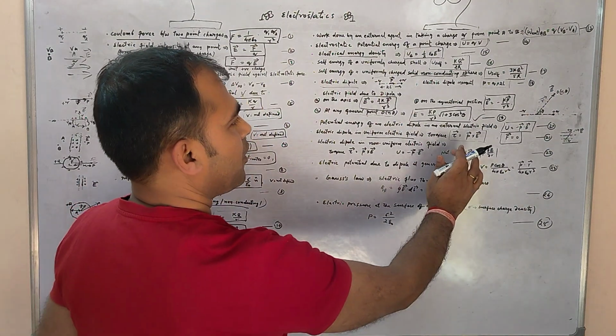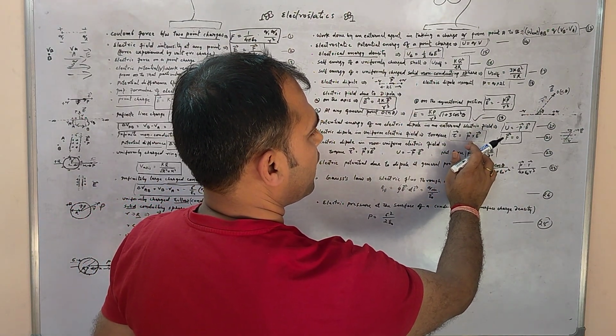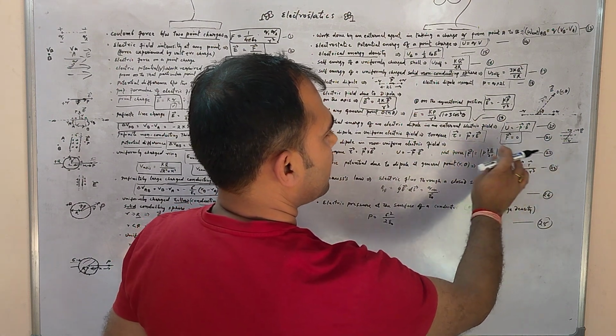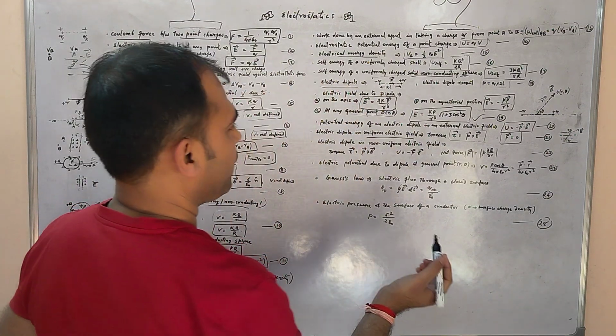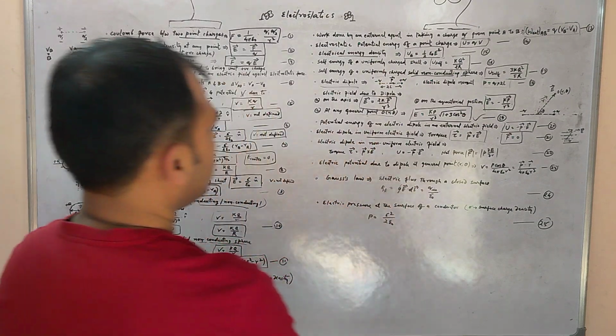If P is perpendicular to E, then torque will be PE, and if P is parallel to E, then P cross E will become 0. Hope you got it.